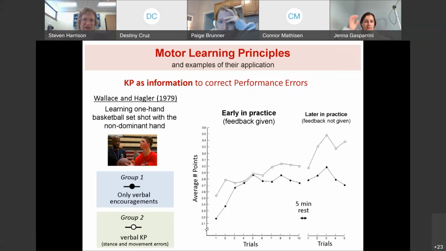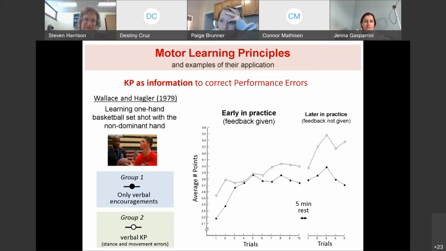And then on the x-axis, we've got a first set of trials where feedback is going to be given, so this is early in practice. Then we've got a rest period, after which we're going to look at things like transfer and retention. We're looking at retention, because in these later trials we're not going to give the feedback anymore.